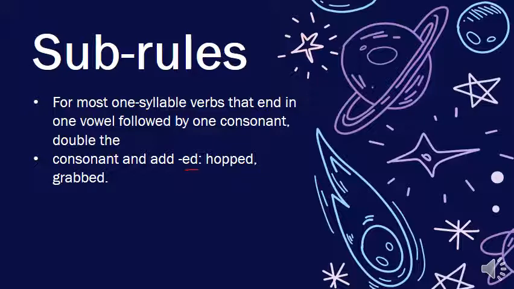So if there is a short vowel and then a consonant at the end of the verb, we double the last letter and then we add ed.